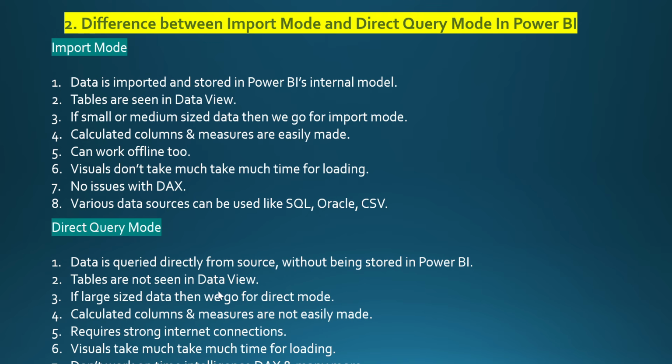Majorly we use databases here, and once we start with a data source, from start to end we use only that direct query mode. We use import mode for static data sets and direct query mode for real-time analysis.